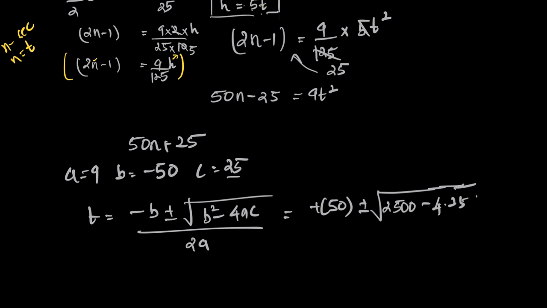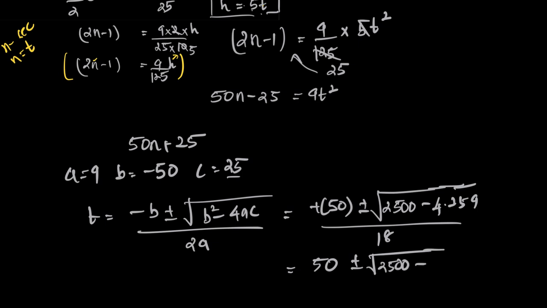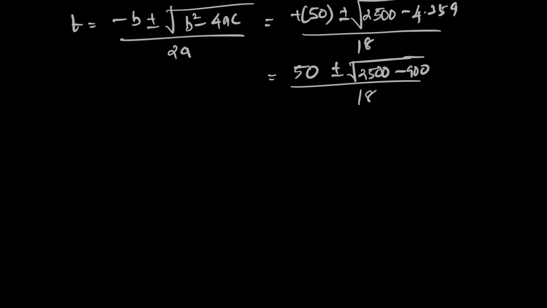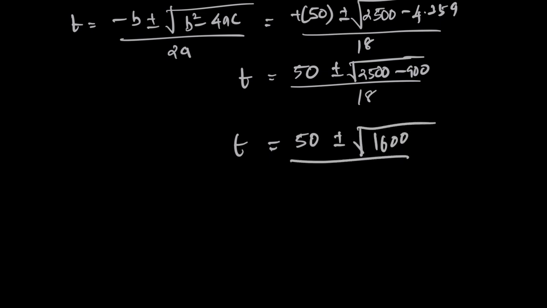The whole upon 2 into a, which is 2 into 9, which is 18. So this is 50 plus or minus root of 2500 minus 900, which is 1600, the whole upon 18.